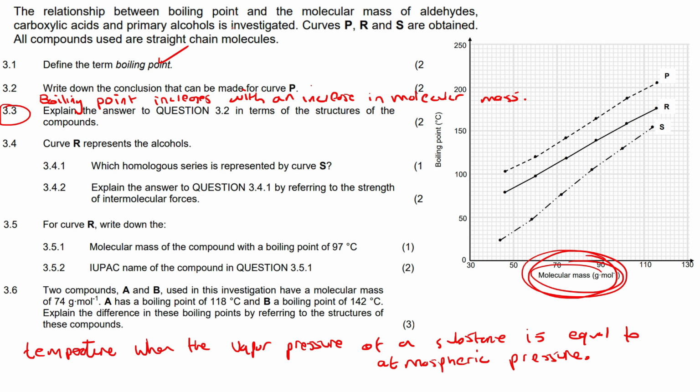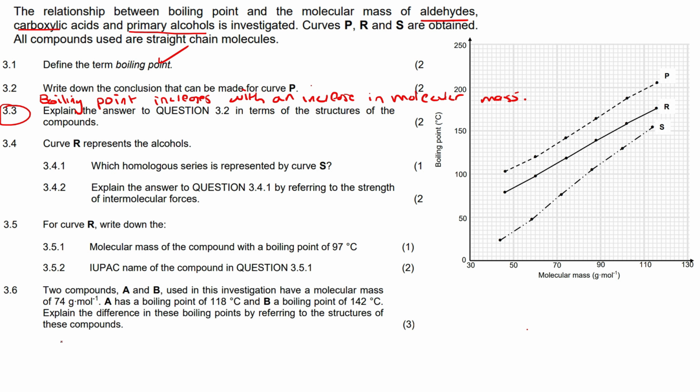Okay, so we know that we're mostly looking at aldehydes, carboxylic acids, and primary alcohols. So for example, let's say we're looking at a specific alcohol, propanol, propan-1-ol.